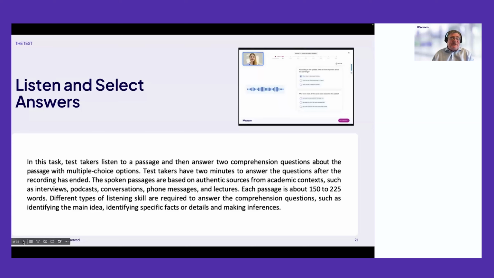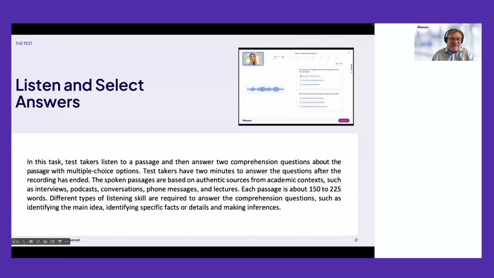And of course, as I mentioned earlier in the talk, listening comprehension is a major element and a major skill in listening. So we have questions which focus primarily on the test taker listening to a passage with specific information in it and trying to pull that out.